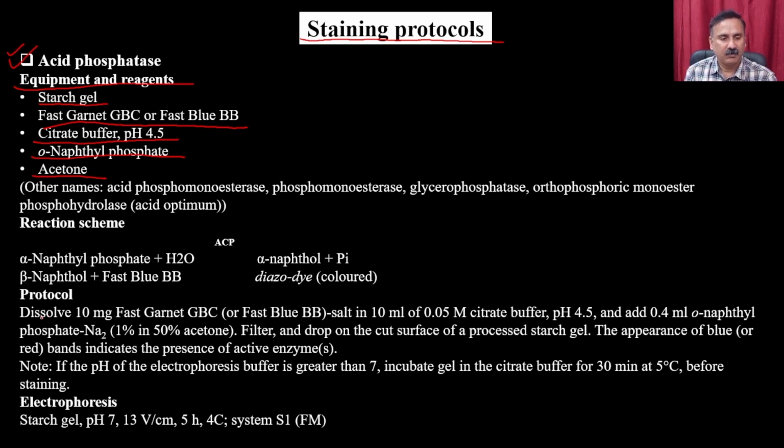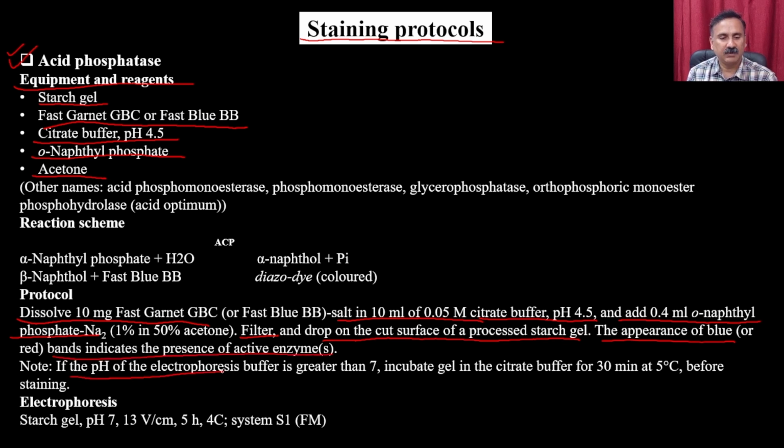Then you dissolve 10 milligrams of fast garnet GBC salt in 10 ml of citrate buffer pH 4.5 and add 4 ml of alpha-naphthyl phosphate, and you filter and drop it on the cut surface of a processed starch gel. The appearance of a blue band indicates the presence of an active enzyme.